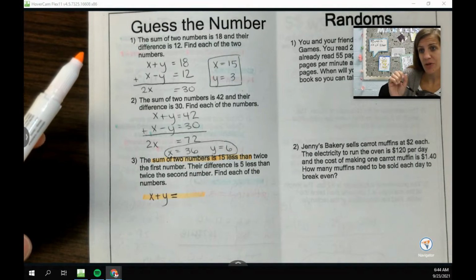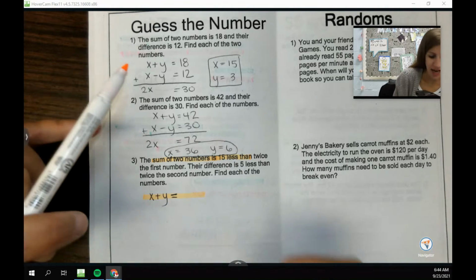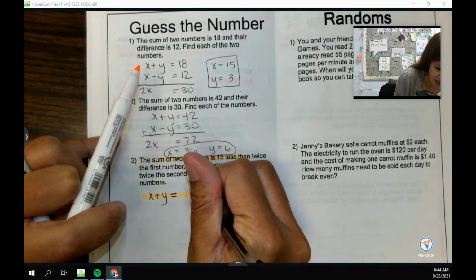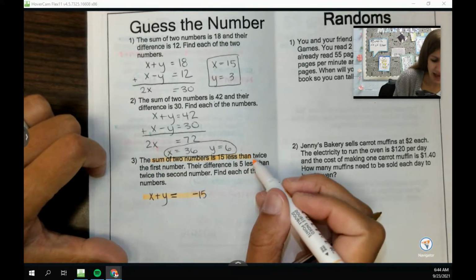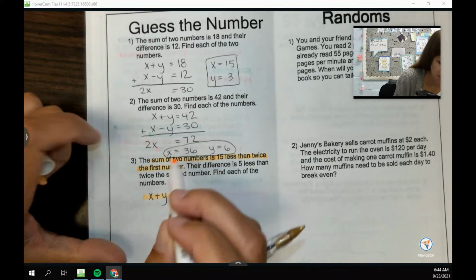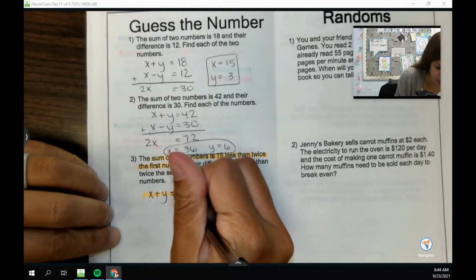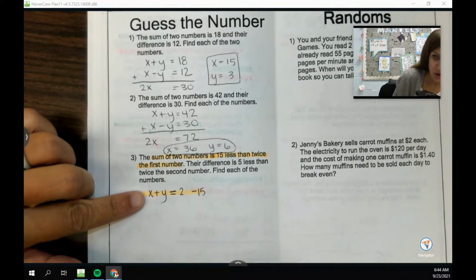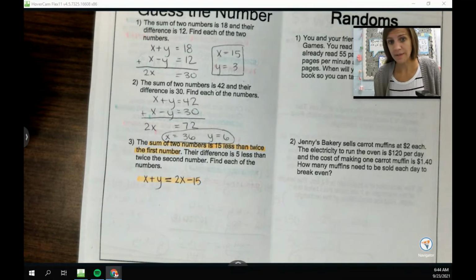However, it's this special sort of subtraction where I can't put 15 minus. I actually have to put minus 15, and something is going to go in front of it. So 15 less than whatever twice the first number is. So twice the first number means 2 times the first number, which I just happen to call that x, and so that's what you're going to call it.